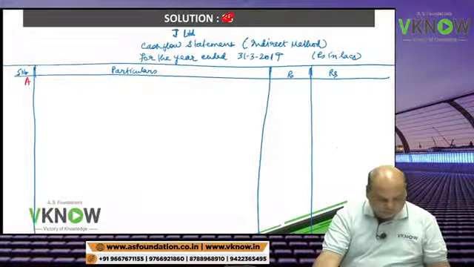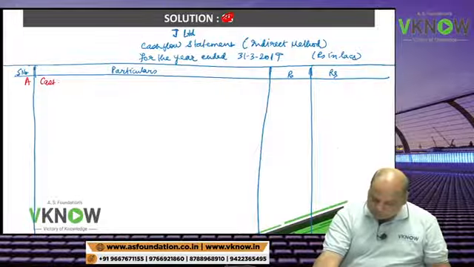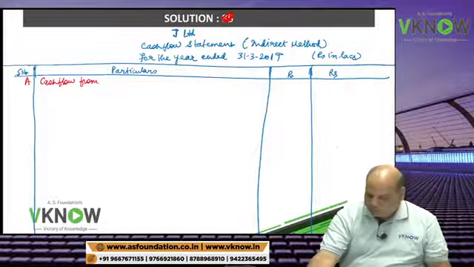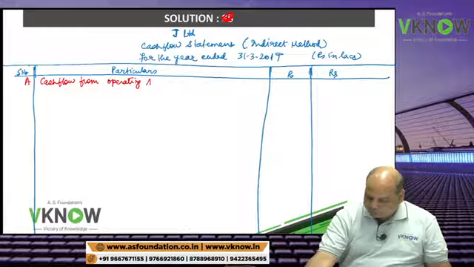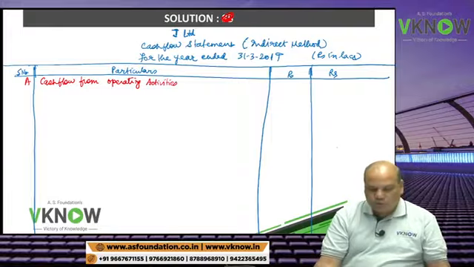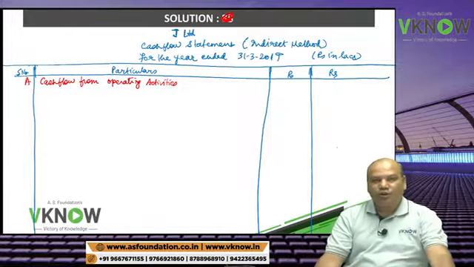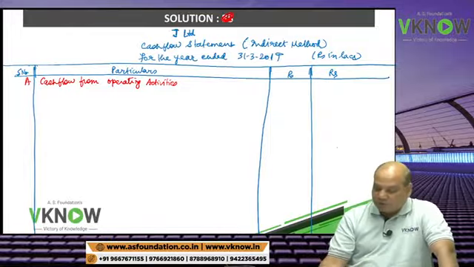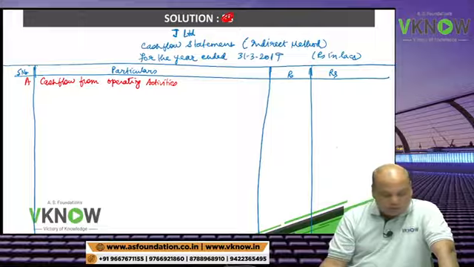First point A, your heading will be cash flow from operating activities. Don't use short forms like OA. Write in full. Otherwise, in the exam, the institute will play OA with you.